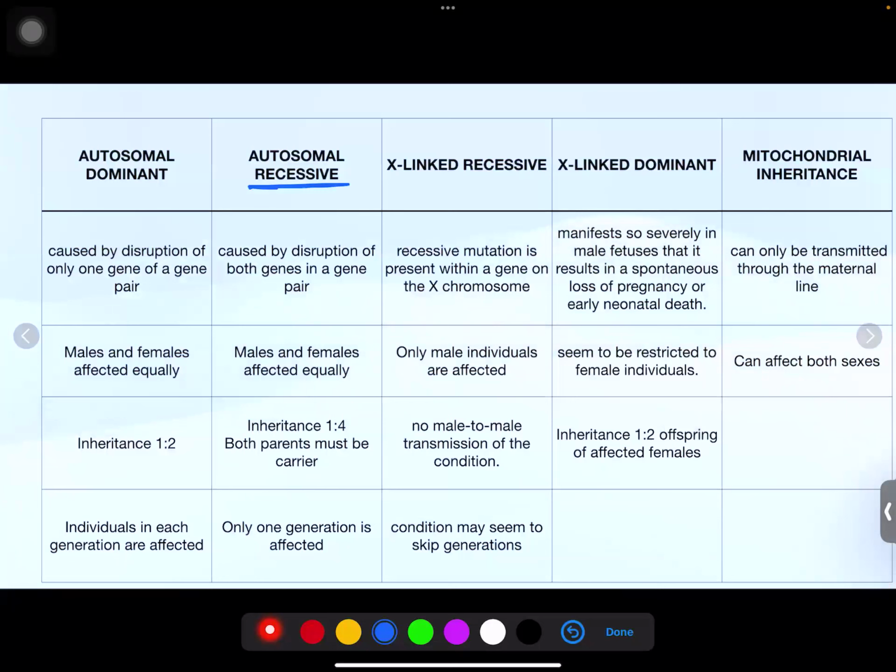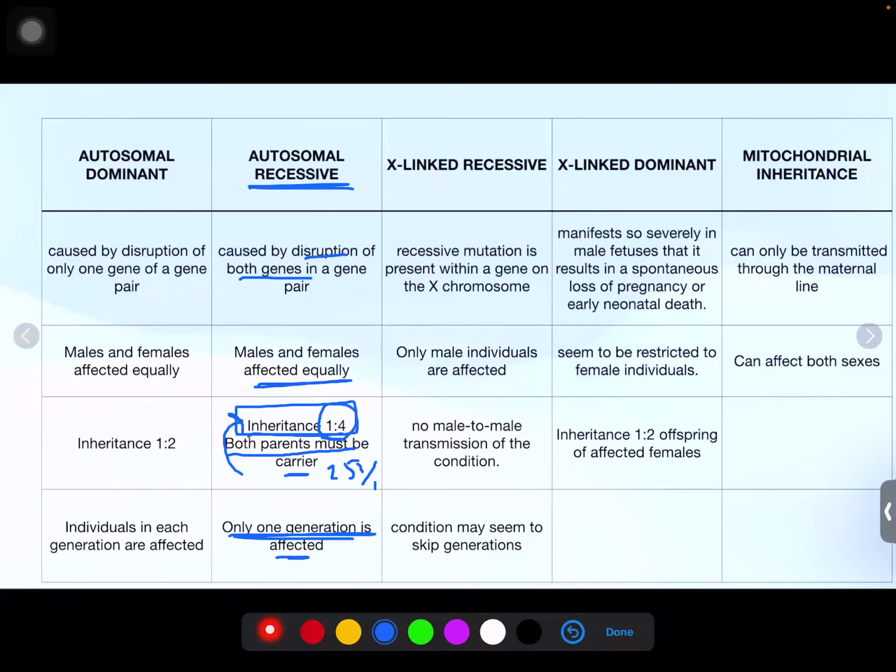Autosomal recessive: disruption of both genes, equal affected males and females, inheritance 1 in 4 when both parents are carriers. Then only the disease will be apparent in the offspring. 1 in 4 means 25%, not when a single parent is affected or carrier. So only one generation is affected. There will be skip generations as well.